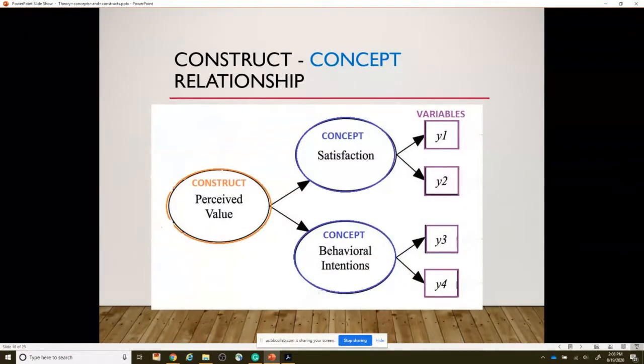So this is just another depiction of the relationship between constructs and concepts. Again, the construct is bigger. You'll have sub-concepts or concepts from that, which will then take you to variables, which can also be referred to as empirical reference.